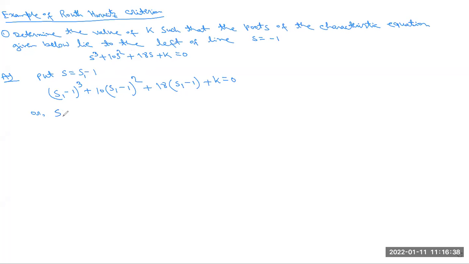The final equation comes as S1 cube plus 7 S1 square plus S1 plus K minus 9 equals 0. You have to solve it line by line also. This is the complete characteristic equation.